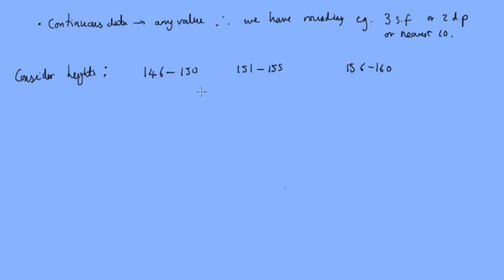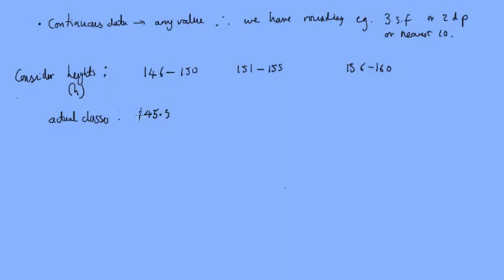Because we've rounded these values, we need to make that clear when we're dealing with the data. So let's use H for height, and we're going to rewrite the classes. So the actual classes are going to be, now if you think about what's the smallest number that could be rounded to 146? Well, 145.5 could be rounded up to 146.